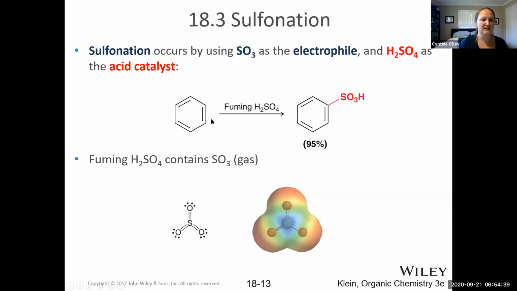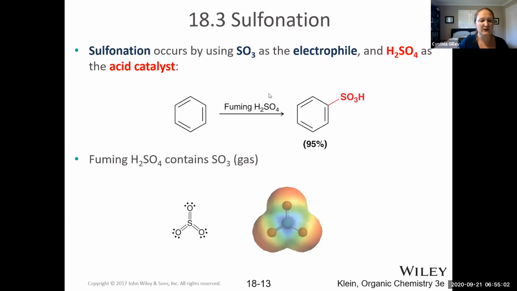But the conditions to introduce the sulfonyl group are concentrated or fuming sulfuric acid. Concentrated sulfuric acid solution is like a 12 molar solution, so a very concentrated acid solution. And it's so concentrated that when you open the bottle, you can see fumes coming right out of the bottle.